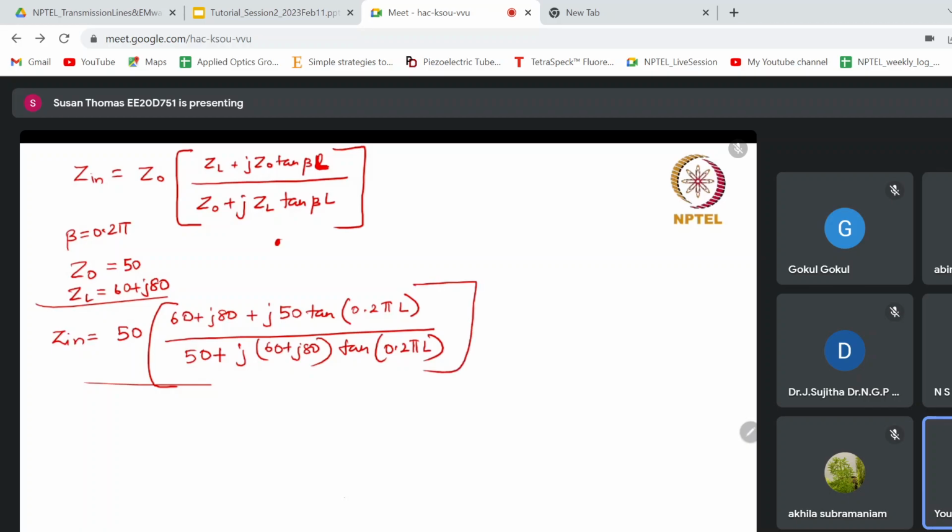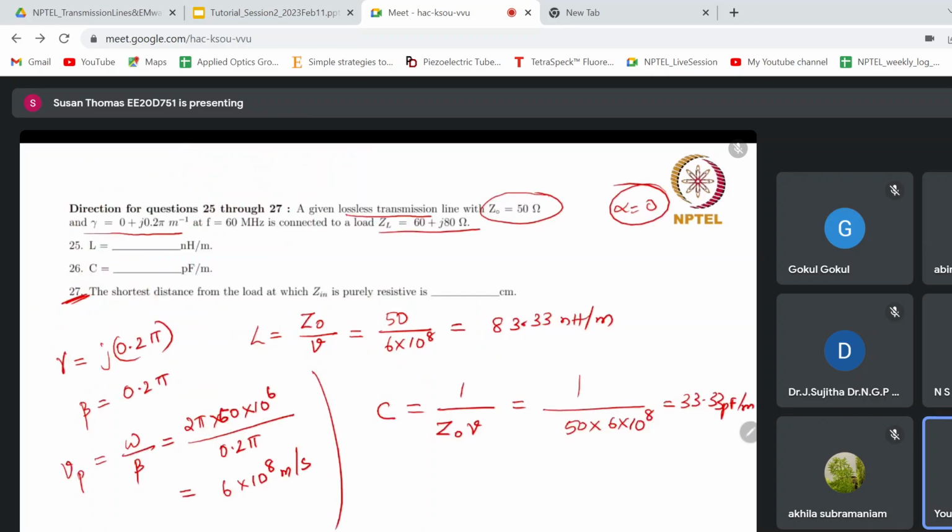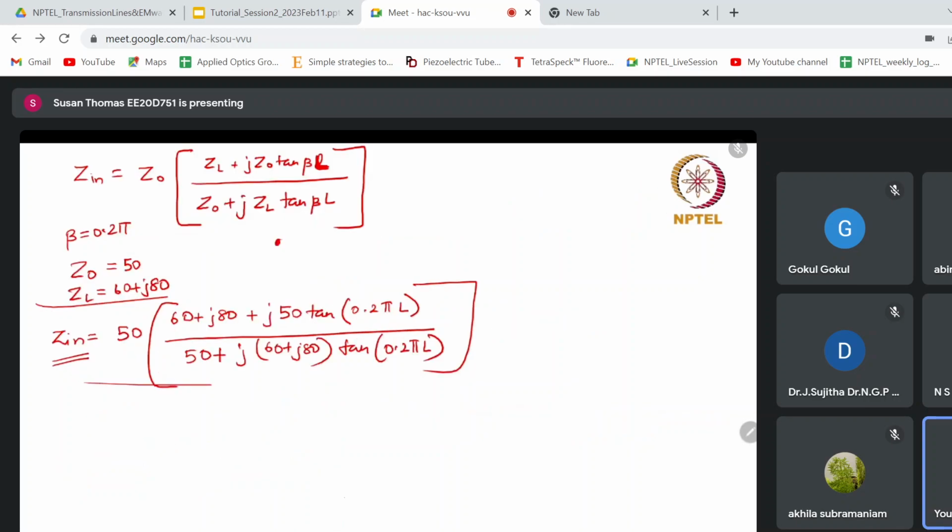Now what is our understanding? This Zin has to be purely real. That is our question. If this Zin has to be purely resistive, that means it should be purely real. What is the shortest distance from the load? So we are being asked at what L Zin becomes real or purely resistive.